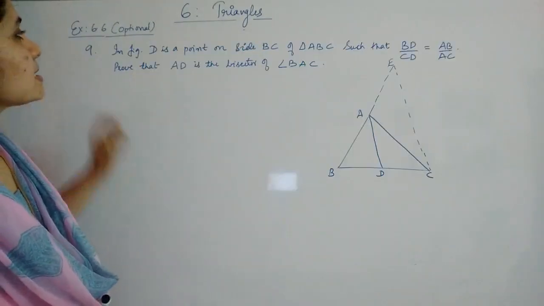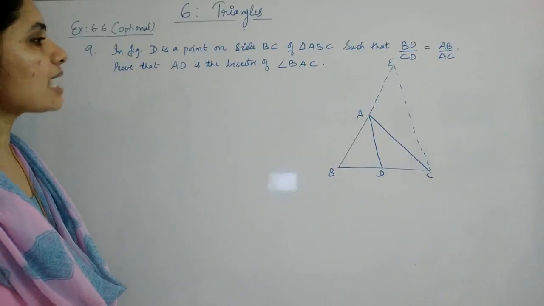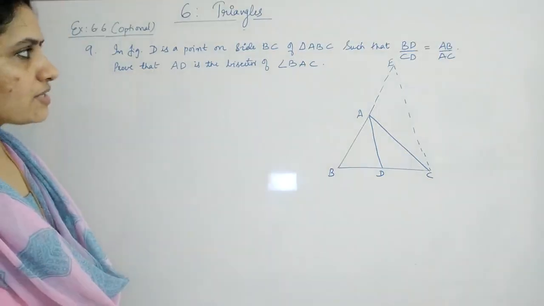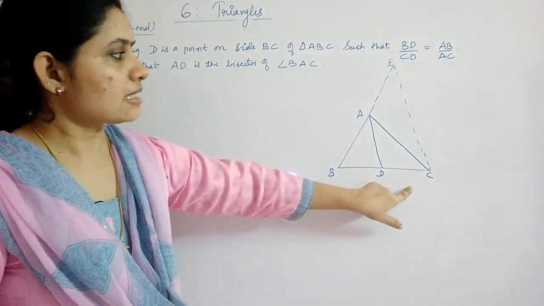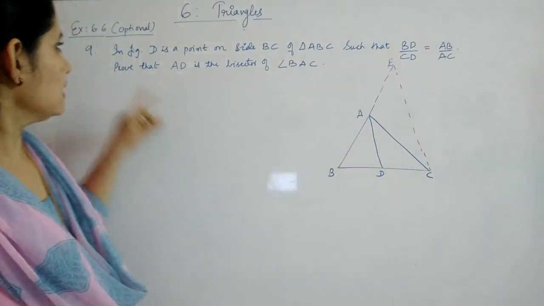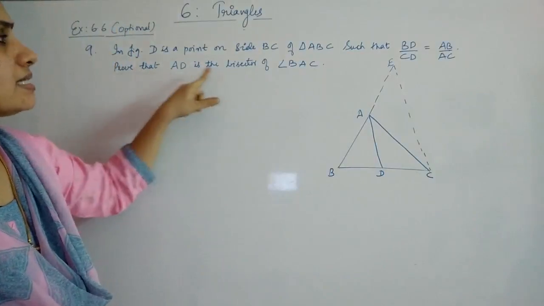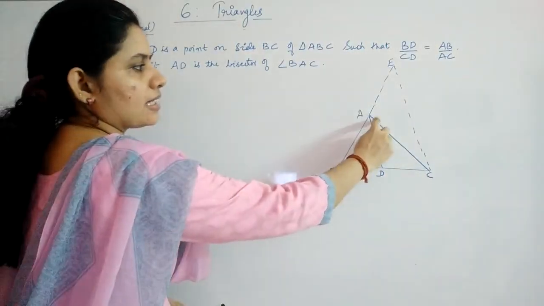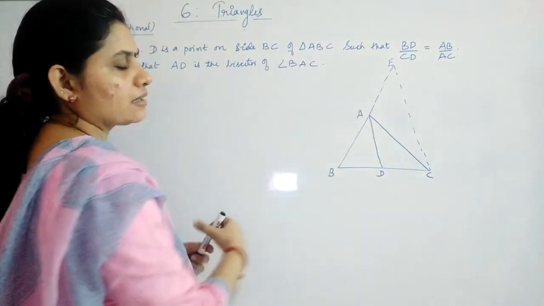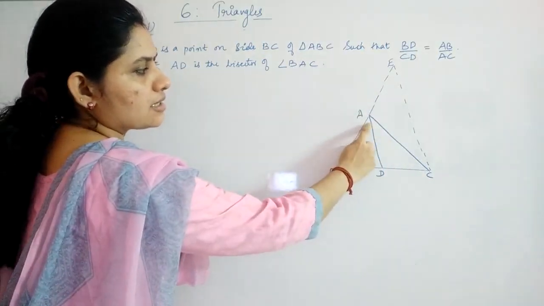Question number 9 is, in the figure, D is a point on side BC of triangle ABC such that BD by CD is equal to AB by AC, and you have to prove that AD is the bisector of angle BAC. Angle BAC is this angle. AD is acting as the bisector, means you have to show that this angle is equal to this angle.